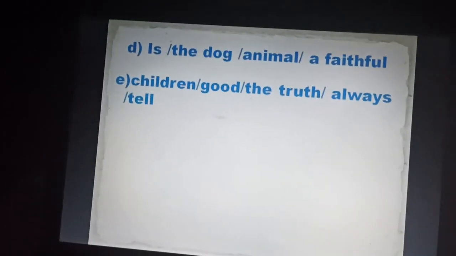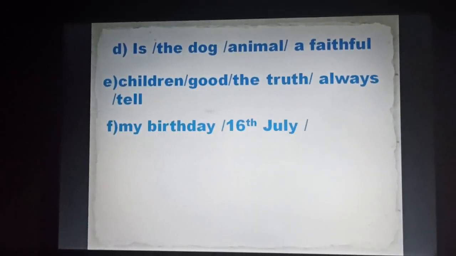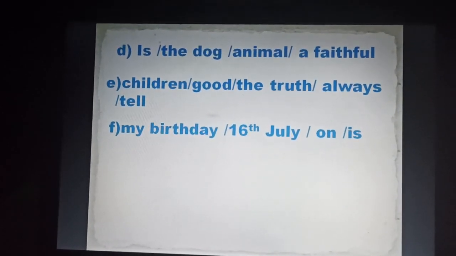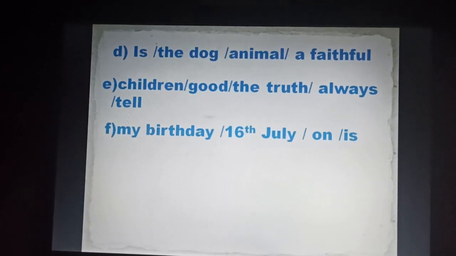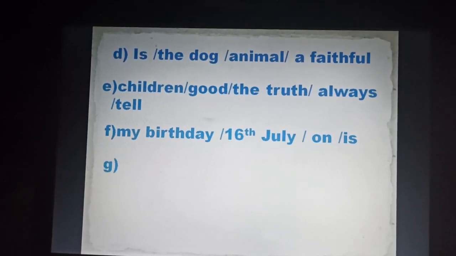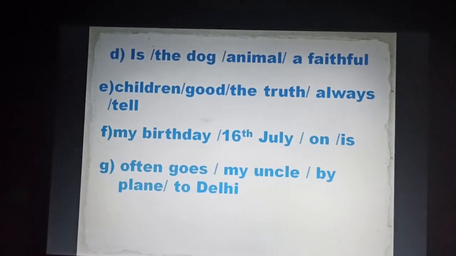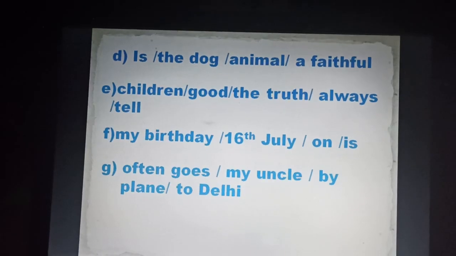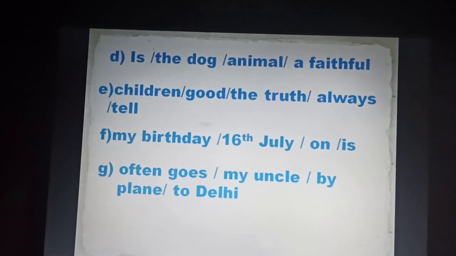Now F part: "my birthday 16th July on is." G part: "often goes my uncle by plane to Delhi."